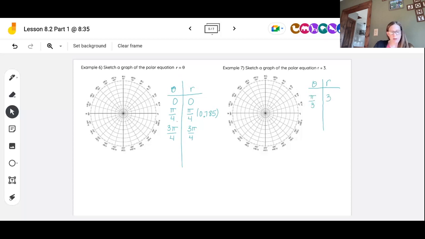If we are at pi over 2, our radius is always 3. If we are at pi, our radius is always 3. So it doesn't matter where I am around my circle, our radius will always be 3, which makes sense because if we think about a circle, it's circular in nature. So if I might graph this, 1, 2, 3, it doesn't matter what our theta is, our radius will always be 3. So it's going to be a circle.